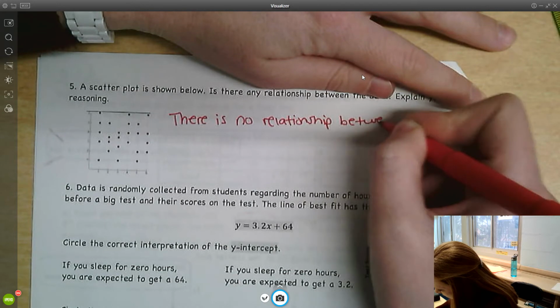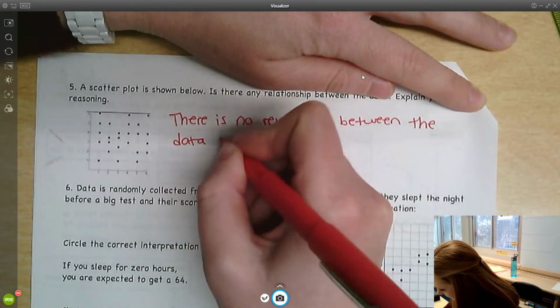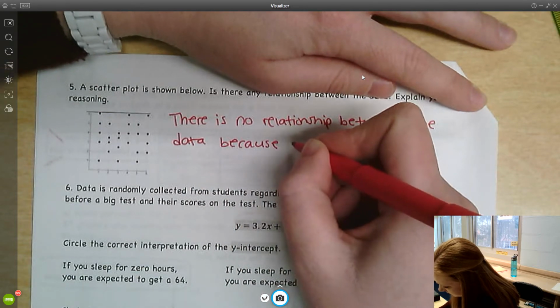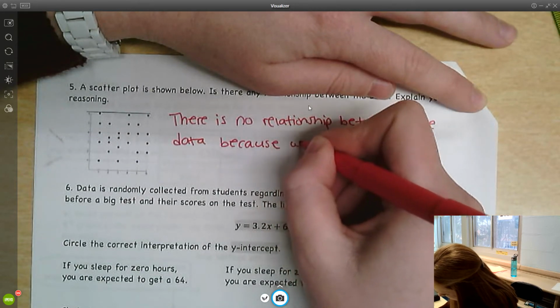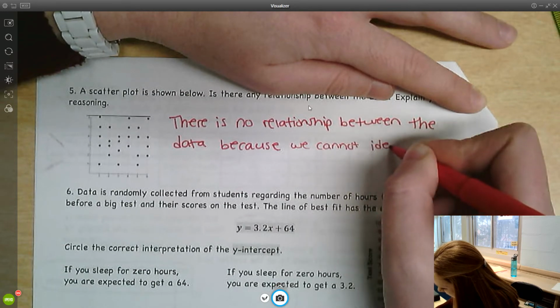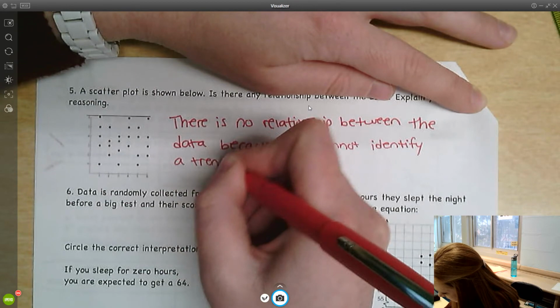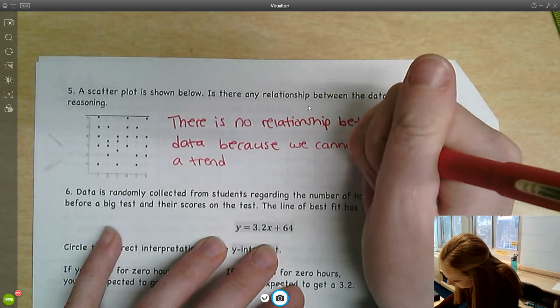There is no relationship between the data because we cannot identify a trend.